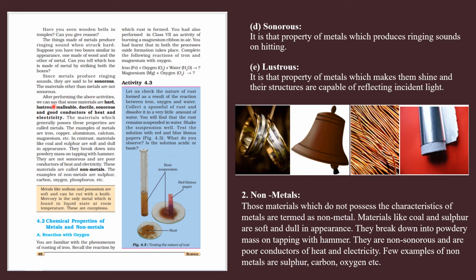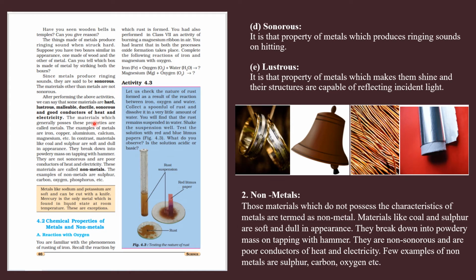After performing all these experiments, we have seen that metals are hard, lustrous, malleable, ductile, sonorous, as well as good conductors of heat and electricity. Just see here in the diagram: we can easily convert them into thin sheets, draw them into wires; they are sonorous, lustrous, as well as hard.